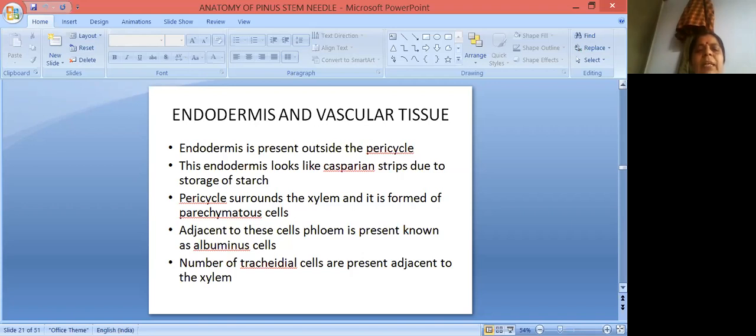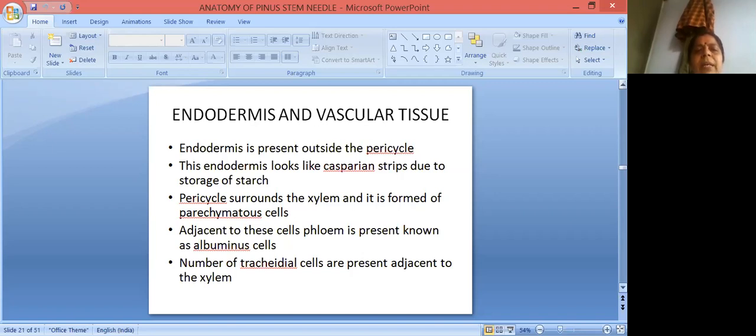And the pericycle is present below the endodermis. It is multi-layered. A multi-layered pericycle is also one of the xerophytic adaptations. Many parenchymatous cells make up the pericycle, and in the pericycle zone some sclerenchymatous cells form the T-shaped girder which separates two vascular bundles.